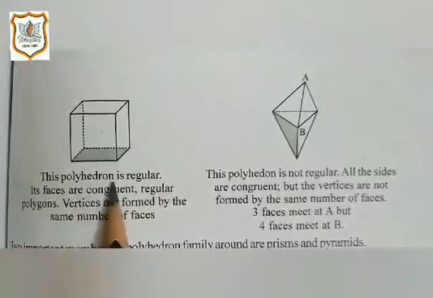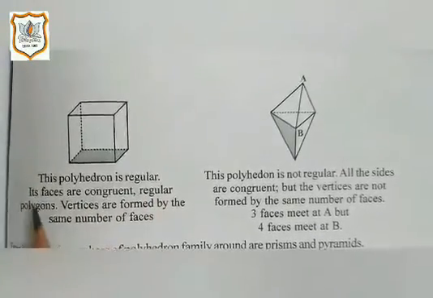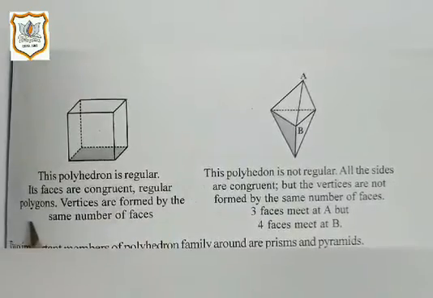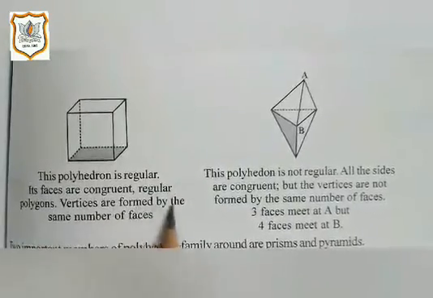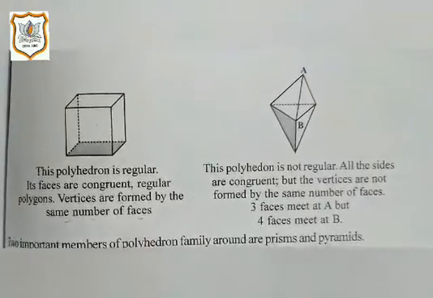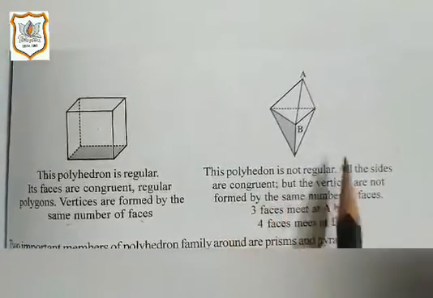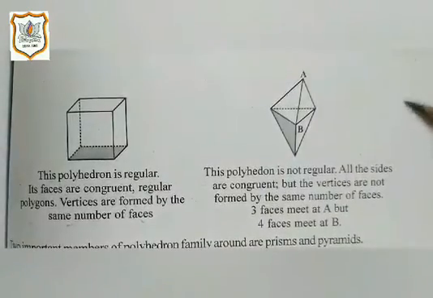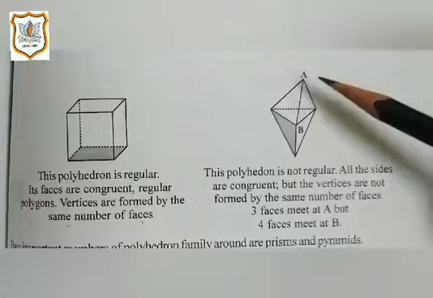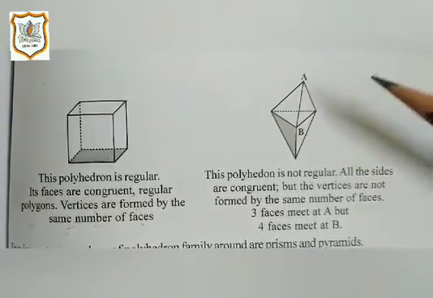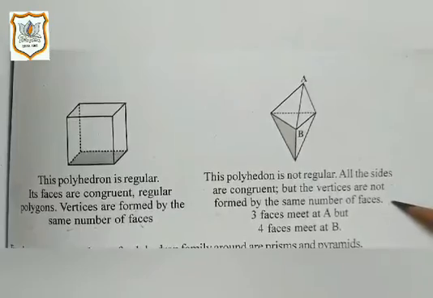This polyhedron is regular because its faces are congruent regular polygons and vertices are formed by the same number of faces. And this polyhedron is not regular. All the sides are congruent, but the vertices are not formed by the same number of faces.